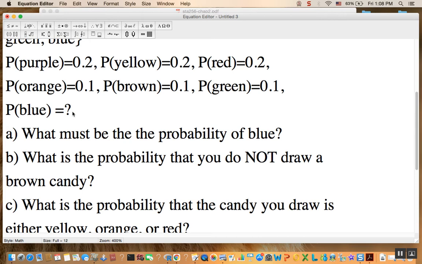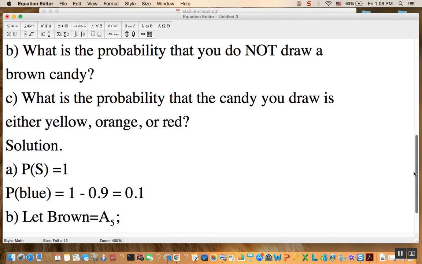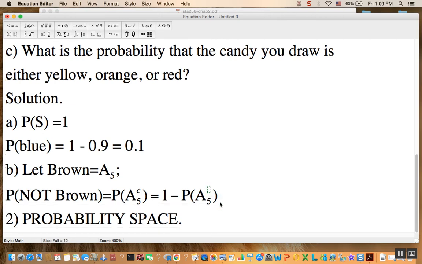That would be the probability of not brown, but note that another way of finding this would be 1 minus the probability of the event of interest. Let me be lazy here. Just copy paste. You guys agree that that makes sense?